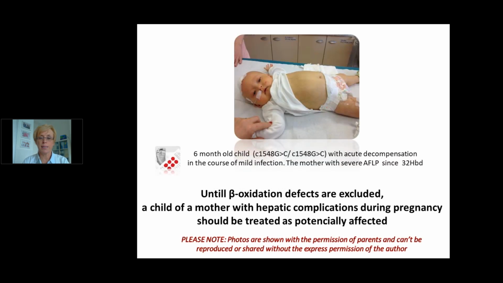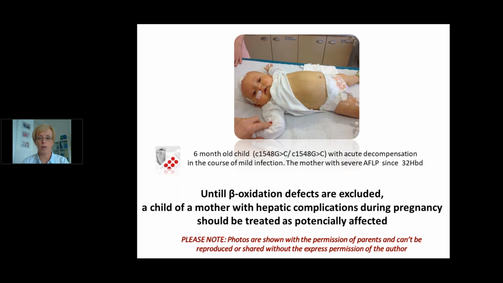So here you have the best example of such a situation. This is a picture of a 6-month-old child who was born from a mother whose pregnancy was complicated by severe acute fatty liver of pregnancy at the 32nd week of gestation.